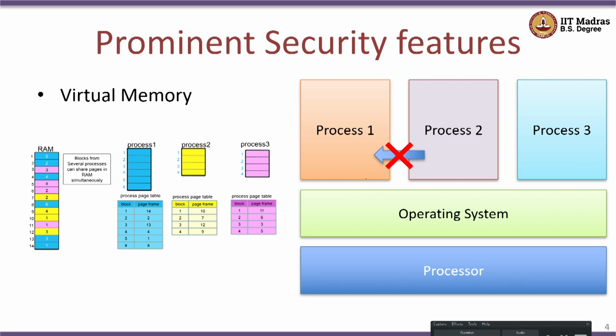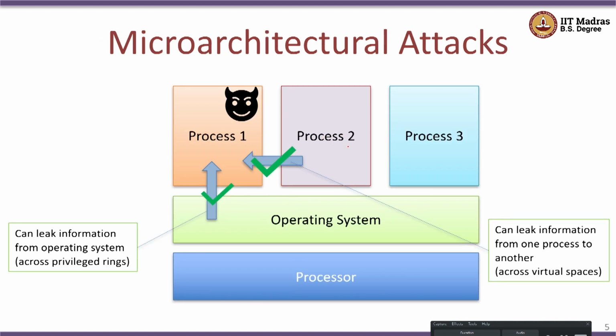So it provides us that any process's data is sandboxed within its own process and cannot leak out directly to another process. Now, this is where microarchitectural attacks come into play. With the help of microarchitectural attacks, operating system data can move from the more privileged rings to the lesser privileged rings.